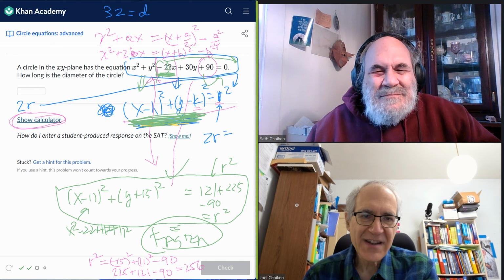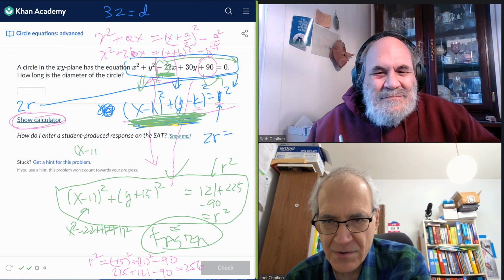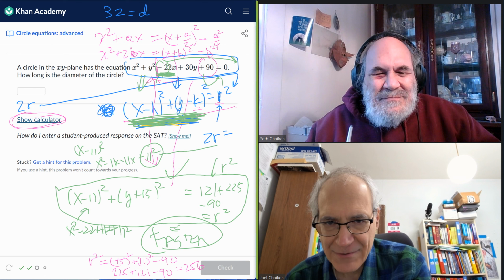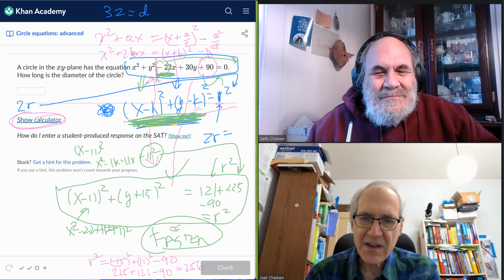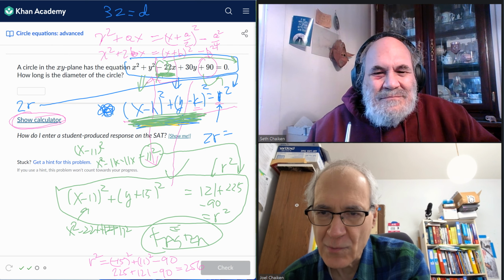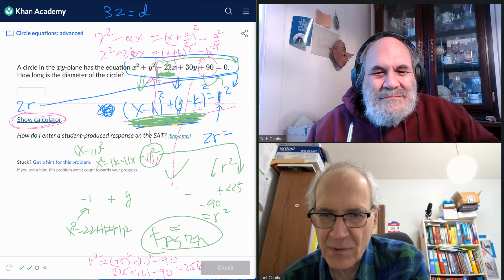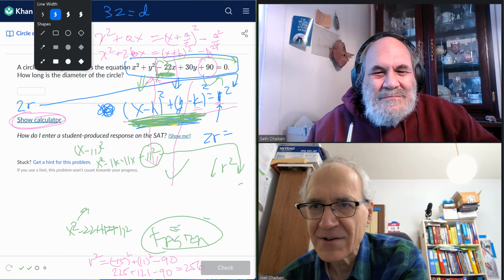Because you bring in collateral damage when you expand x minus 11 squared: it's x squared minus 11x minus 11x plus 11 squared. So you have to add that to the other side. You can also think about it another way, but it's more work and extra writing, and who needs it?